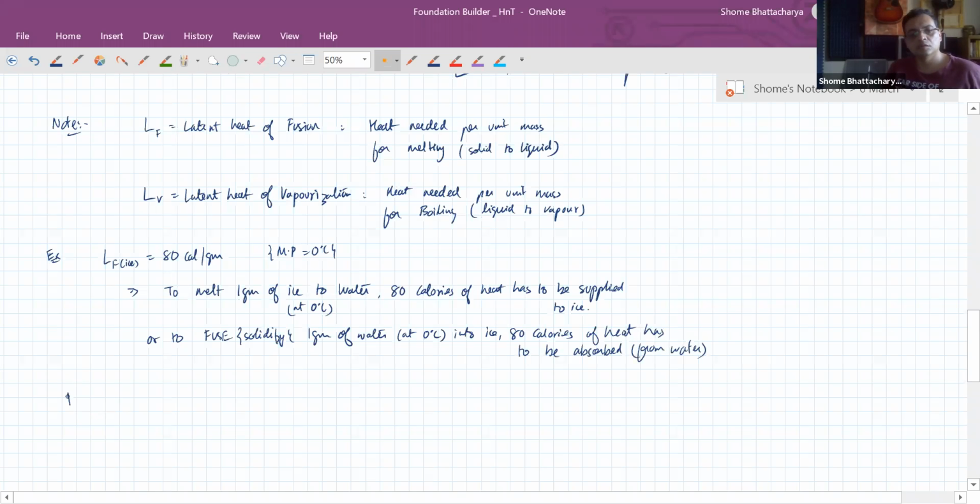Similarly, latent heat of vaporization of steam is approximately 540 calories per gram.